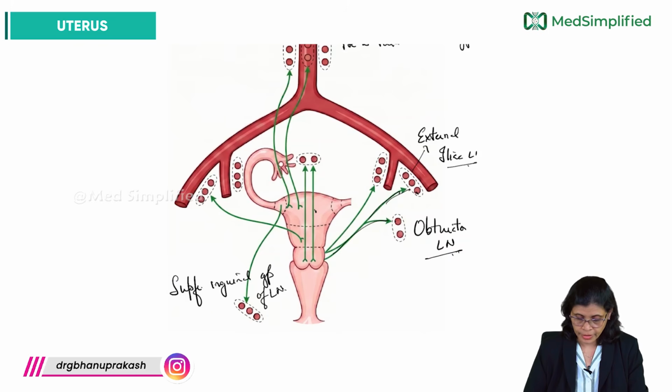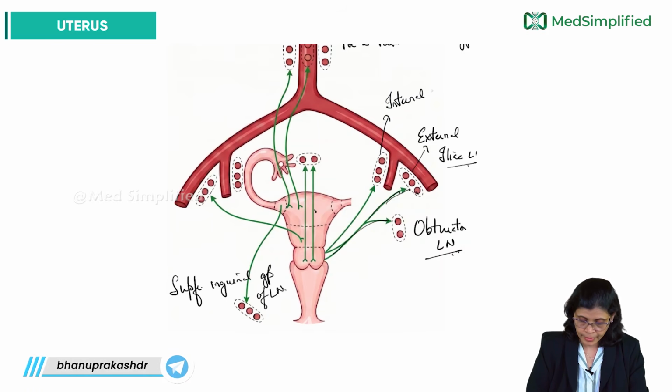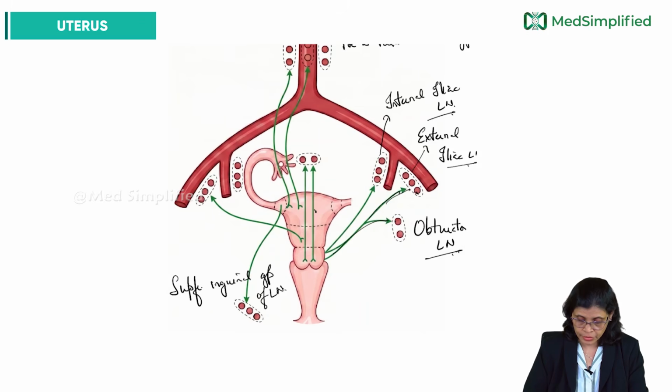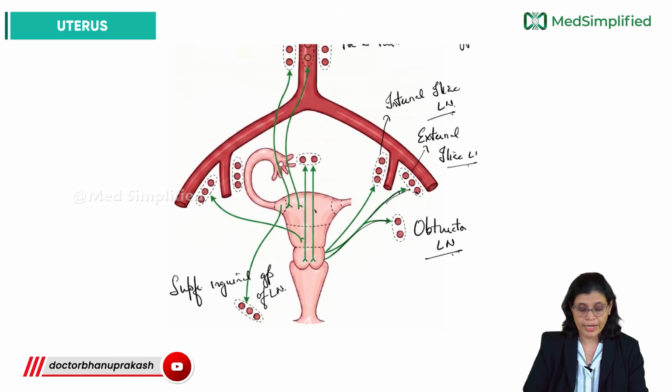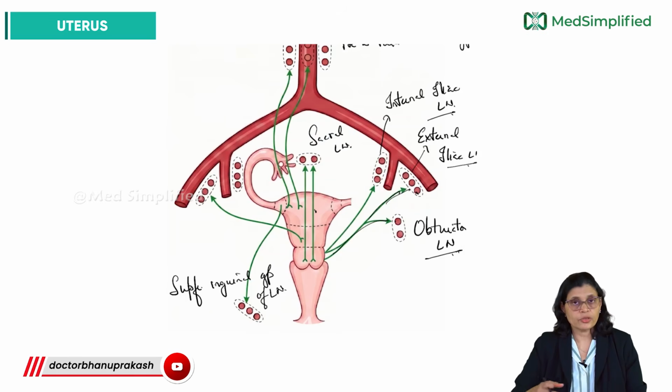Posteriorly and laterally, they drain into the internal iliac group of lymph nodes, passing along the uterine vessels. Then posteriorly, they drain into the sacral lymph nodes. So that is from the cervix.